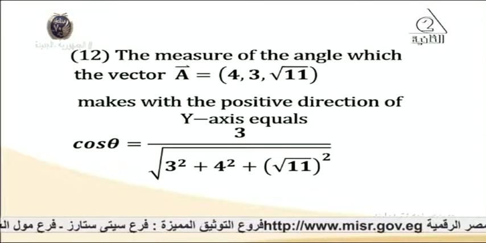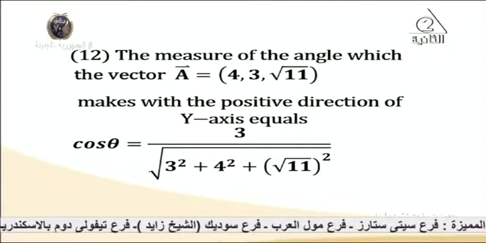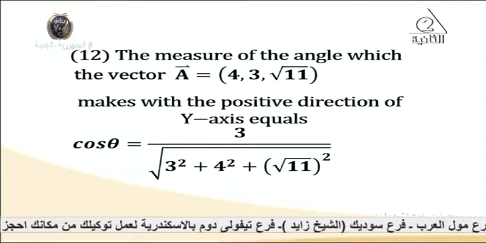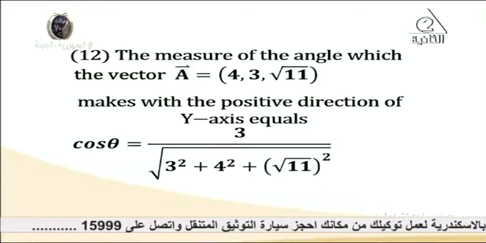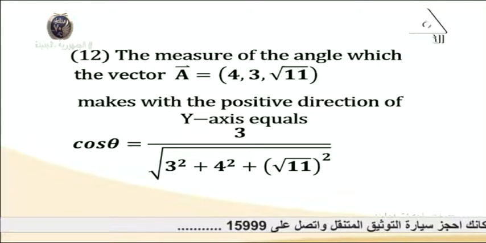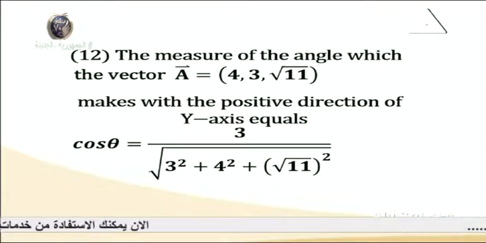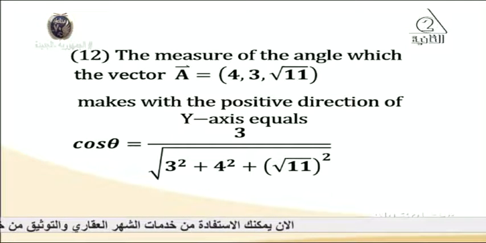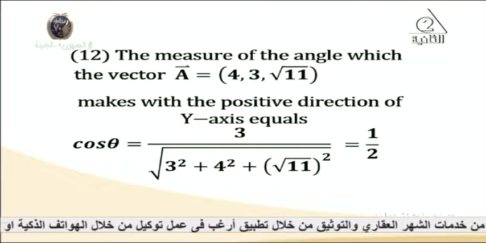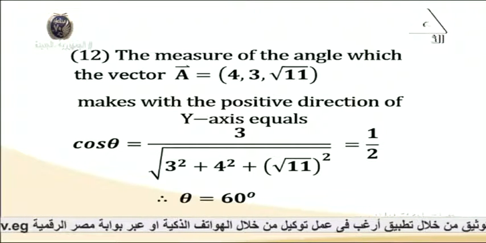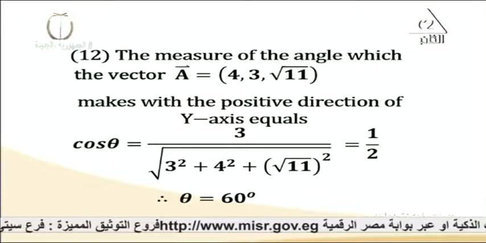Vector A is (4, 3, -√11). Cosine theta y equals the y component 3 over the norm of vector A, which equals 1/2. Then the angle equals 60 degrees, the inverse cosine of 1/2.